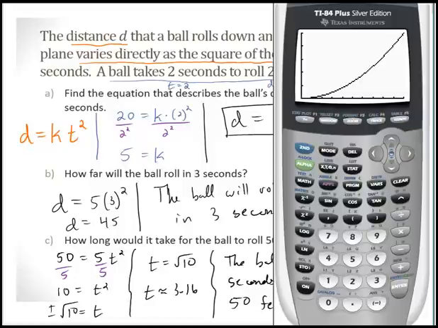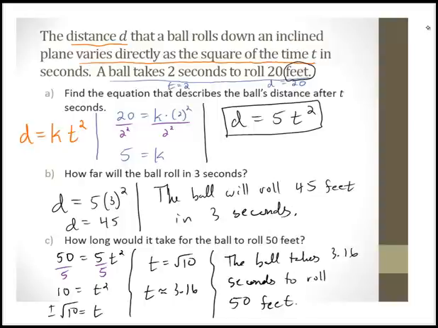So that's one thing that's important to recognize, is that direct variation increases from left to right.